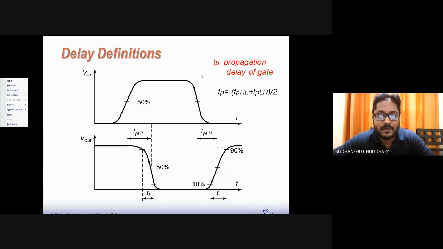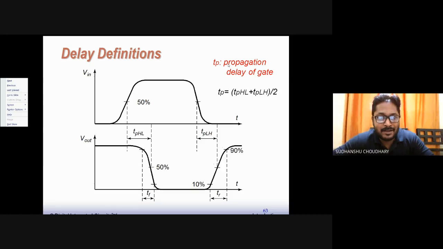That is, you apply an input, the input changes, and then the output appears. After what time the output appears when the input changes, that is actually called the propagation delay of the gate. That is the delay experienced by the gate when passing an input signal.